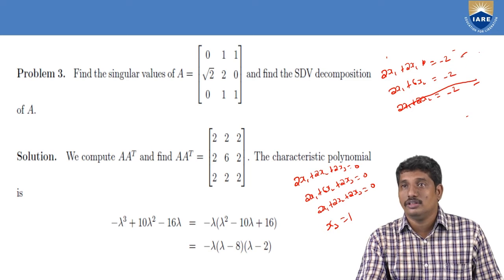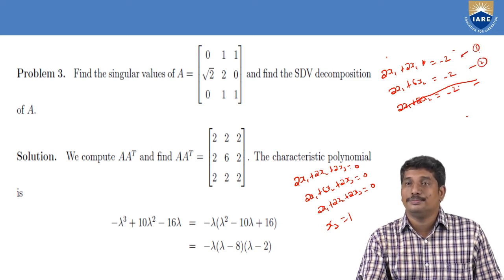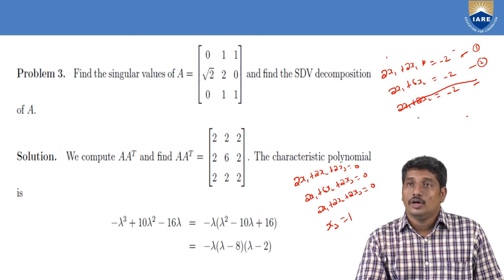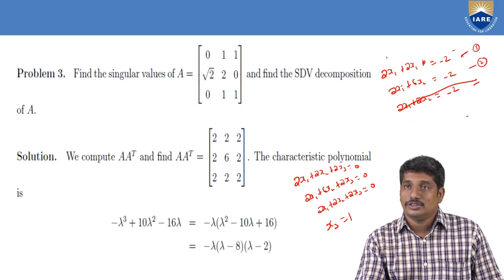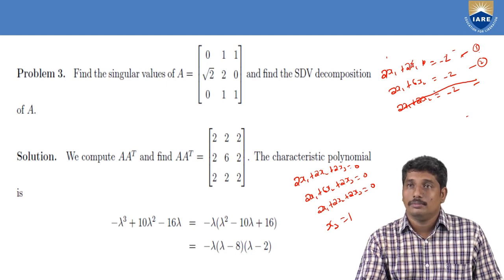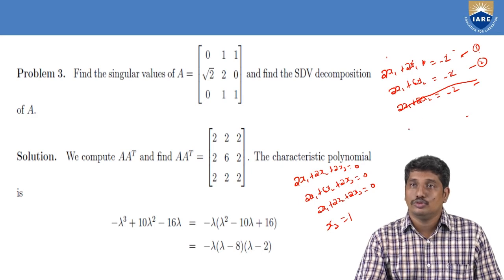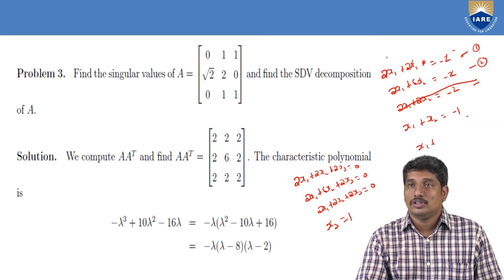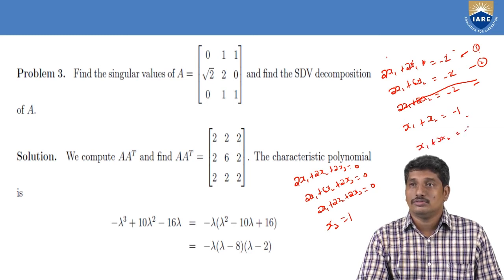So we are left with equation 1 and equation 2. Now, let us solve these two equations. We can cancel the common factor 2, so the equations become x1 plus x2 is equal to minus 1, and x1 plus 3x2 is equal to minus 1.